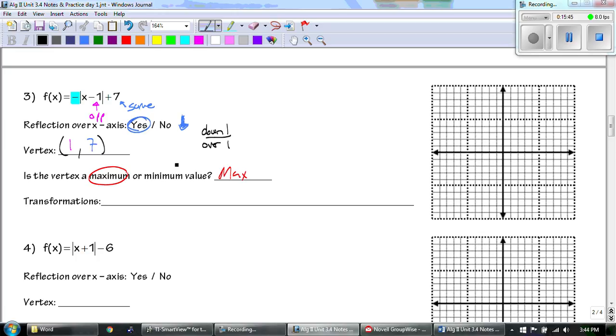That's going to be my rate of change. So we start at 1, 7. I know it's reflected, so then I'm going down 1 over 1, down 1 over 1, and I do that in both directions. And it's just following the pattern, guys. Okay? So I'm going to go ahead and use my straight edge.